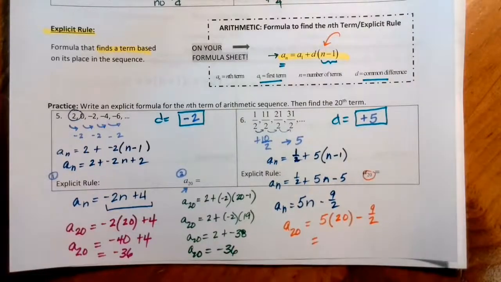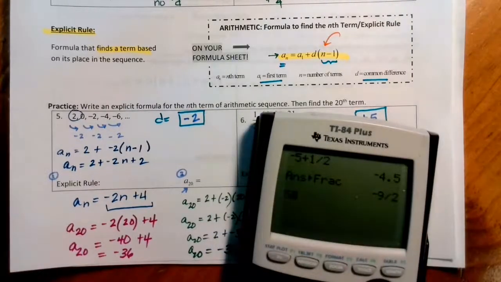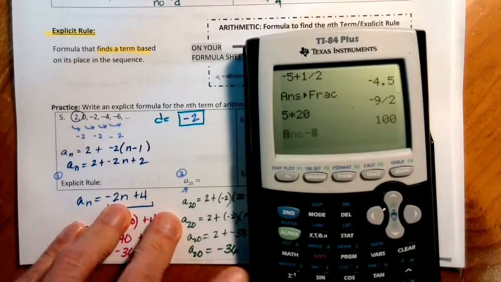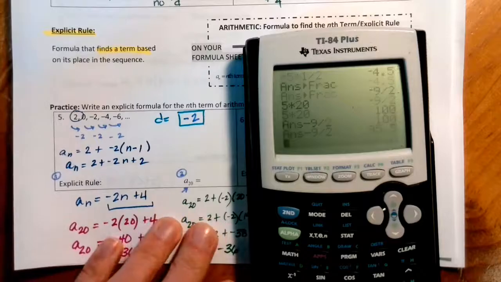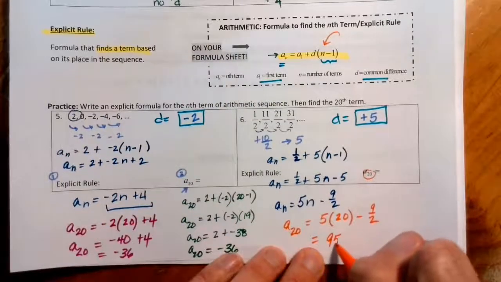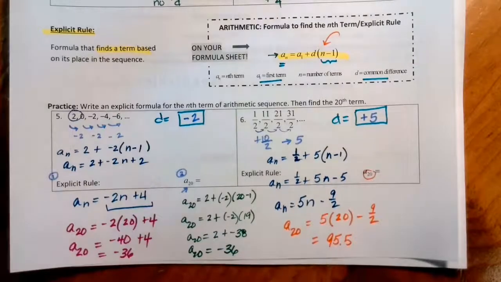And again, we can put that right into the calculator. 5 times that n value minus 9 divided by 2, 9 halves. 95.5. So that's going to be our 20th term of that sequence. All right, good job. Let's go on to the next page.